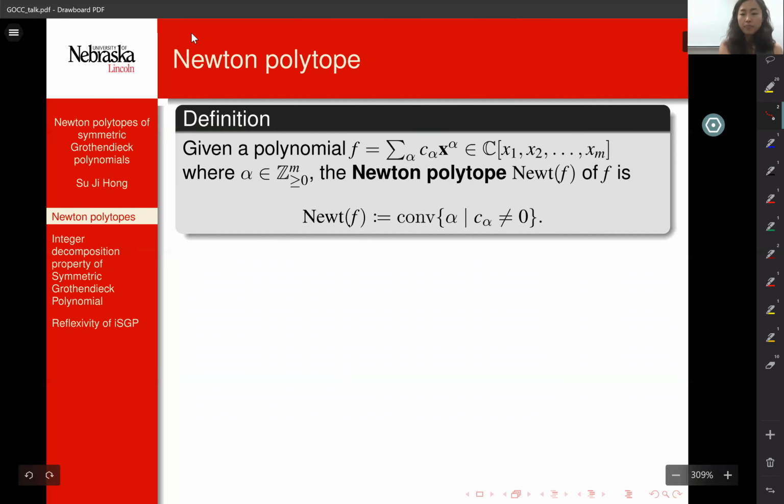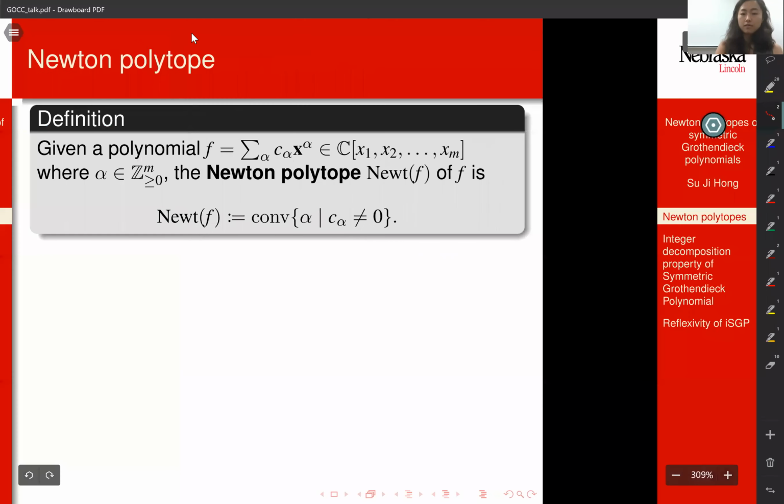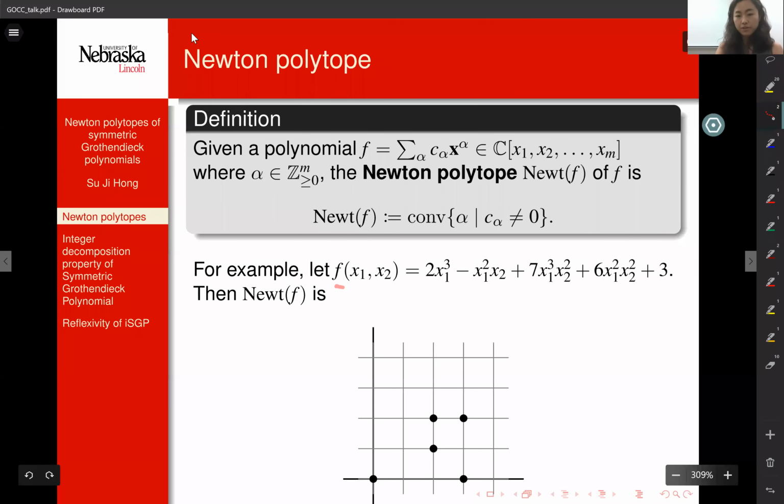For example, if we let f of x1, x2 be this polynomial, the exponent vector of this term is 3, 0, since this is the same as saying x2 to the 0th power.